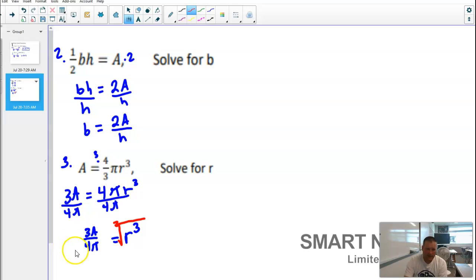Okay? And again, I have to do that to both sides here so that it'll negate that or get rid of this cube. So when I do that, I'm just left with r on that right-hand side, which is nice because that's what I want. And that means on this side, I'm left with the cube root of 3A over 4 pi.